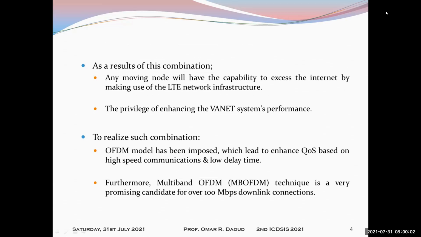To realize our combination, an OFDM model has been imposed, which led to enhanced quality of service based on high-speed communications and low delay time. Furthermore, we will focus on multi-band OFDM technologies, which are considered a promising candidate for over 100 megabit per second download connections and over 30 megabit per second uplink communication links.